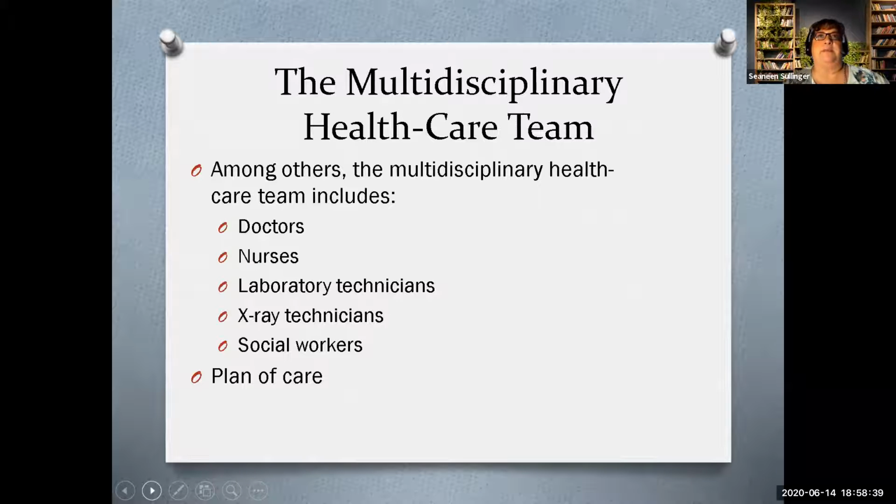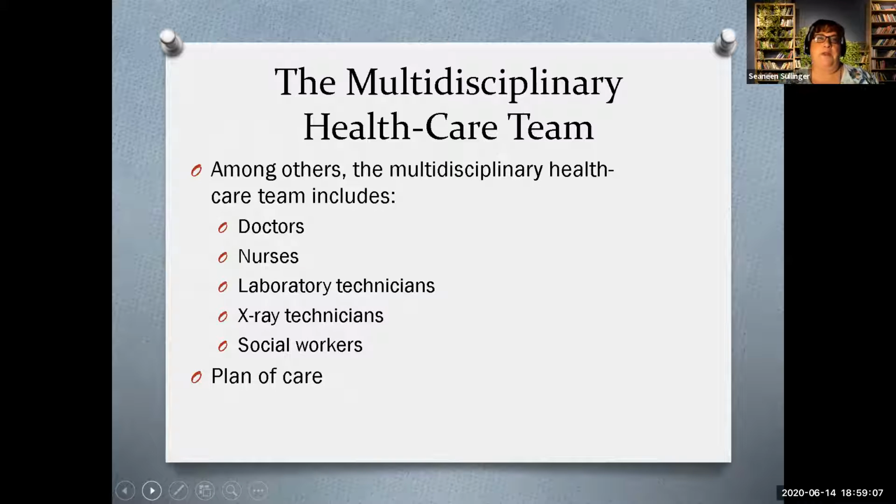Also, you can look at the multidisciplinary healthcare team. So it's nurses, doctors, lab techs, x-ray, social workers, PT, OT, ST, caseworkers, discharge planners, even nutritionists, things like that. And we're all supposed to come together to work towards the plan of care that is going to promote health.